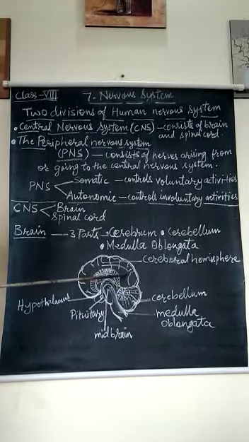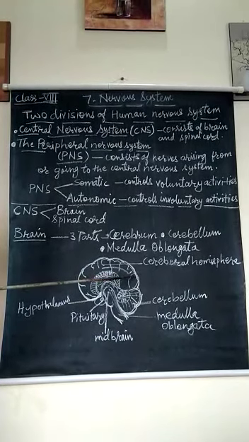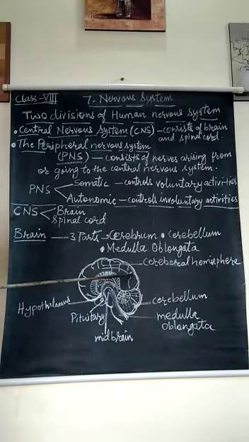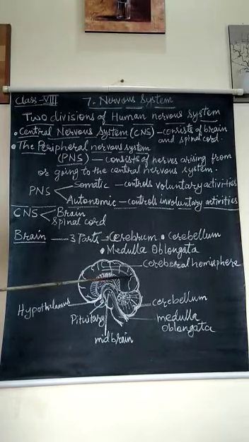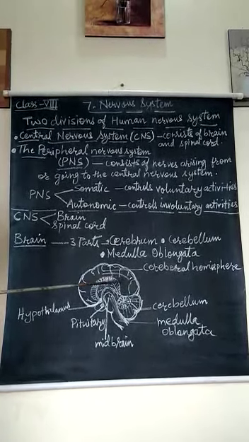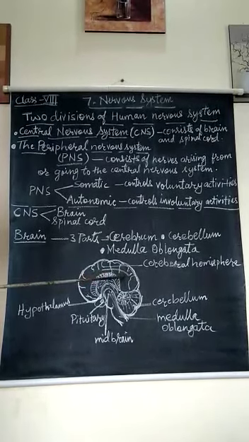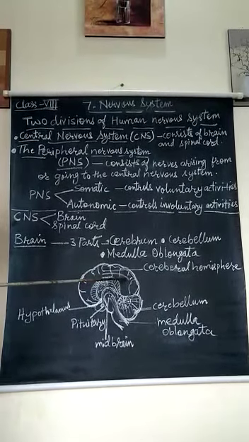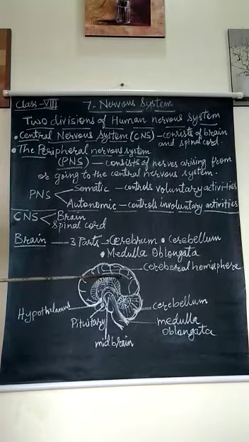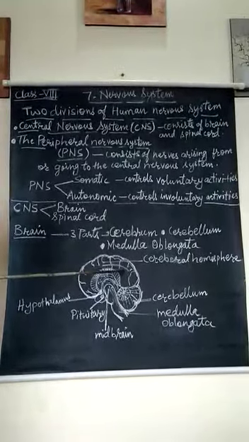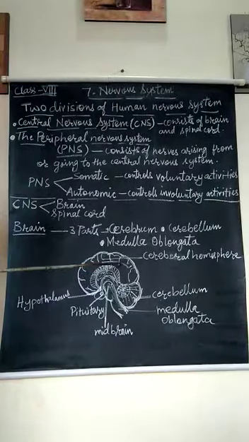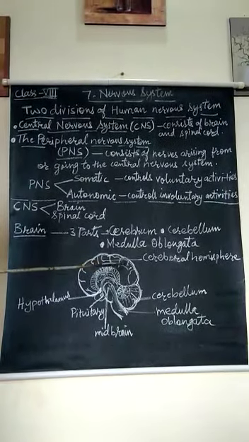It is divided into two halves, that is right and left. The right part is called the right cerebral hemisphere and the left side is called the left cerebral hemisphere.